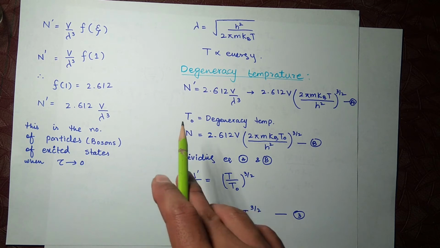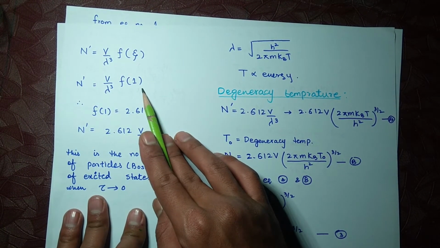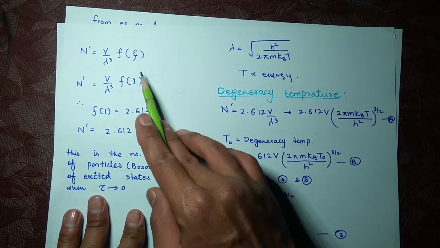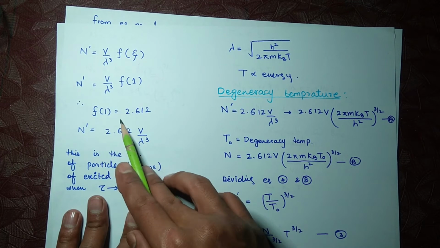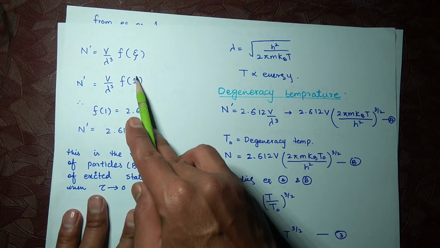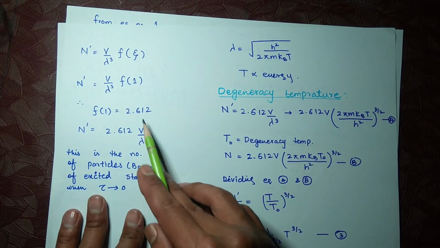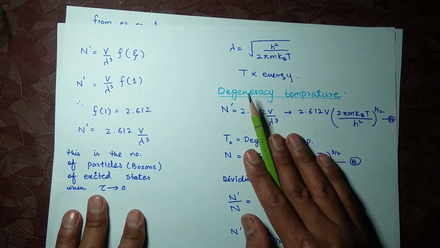This was our equation, and we put the value of xi here as 1. This function has a constant value of 2.612, so it becomes 2.612 V over lambda cube.